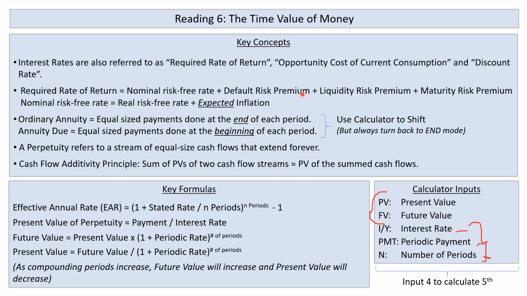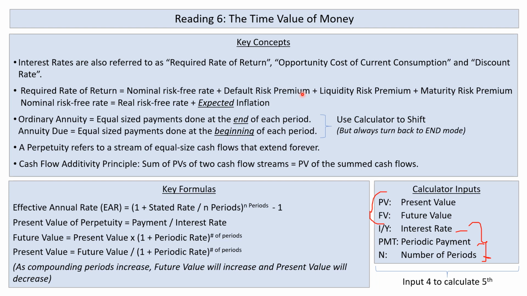Let's say you agree with your tenant to pay rent after the month ends. Well, that's simply an ordinary annuity. Let's say, on the other hand, you agree to receive your salary, which is an equal size payment every month, before the month, at the beginning of the month. In that case, it's an annuity due. So always know the difference between the two.